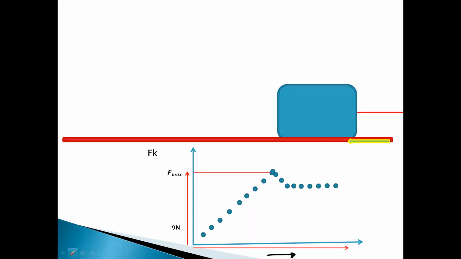This constant line is called kinetic friction. It is represented as Fk. This is the frictional force when the object is moving, and it is always less than the limiting frictional force. So F max is the maximum friction that the surface can offer to the object.